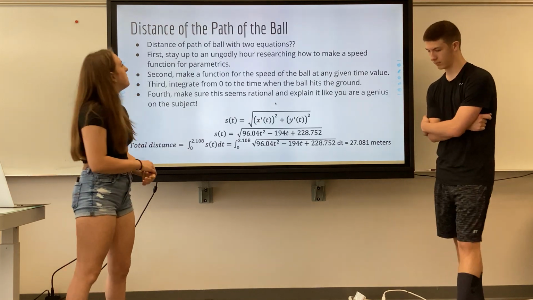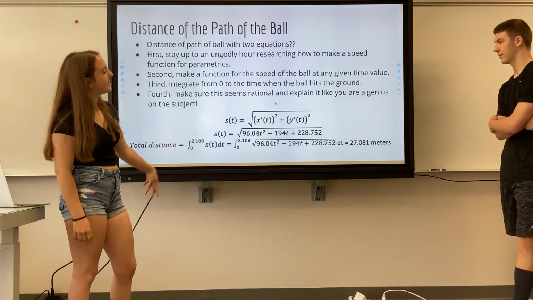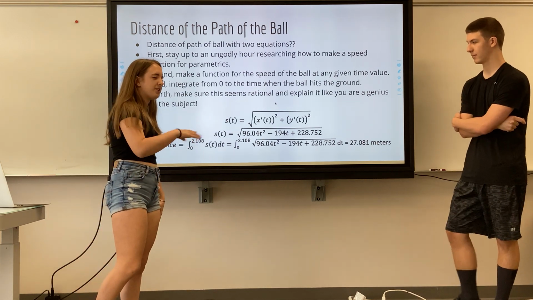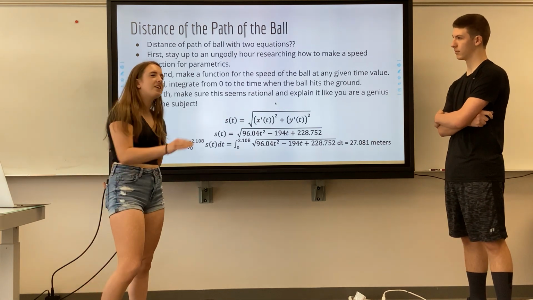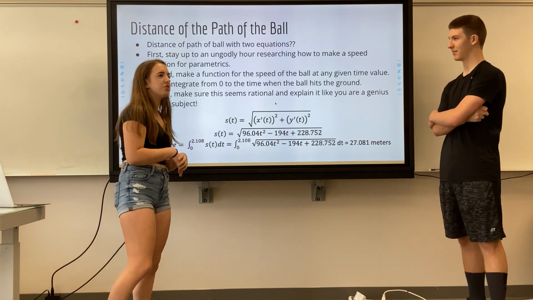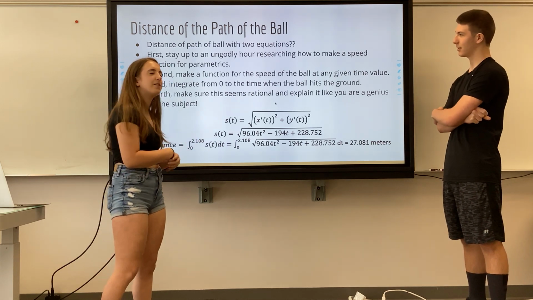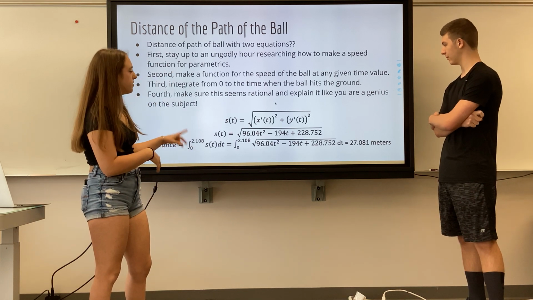Okay, so I was like, we need a distance formula, but that doesn't really work in terms of t, like the path of the ball. So I stayed up really late because Mr. Kruger said parametrics, researching random stuff, and found a good equation for speed.